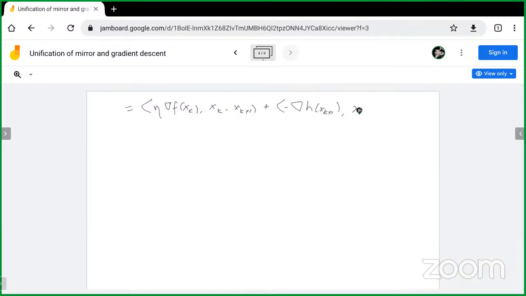So I just reverse the sign. It's the same thing. And now I use the triangle inequality to say that this quantity is at most the Bregman divergence. So this is DH of xk plus 1, xk.